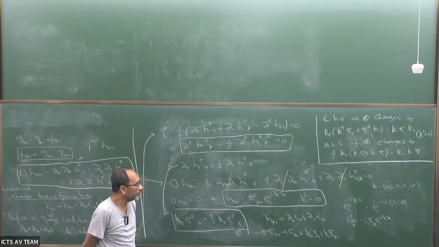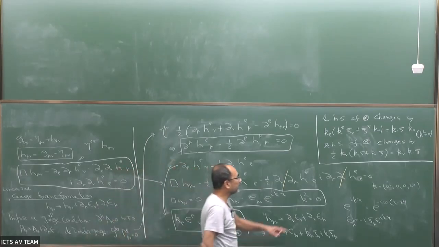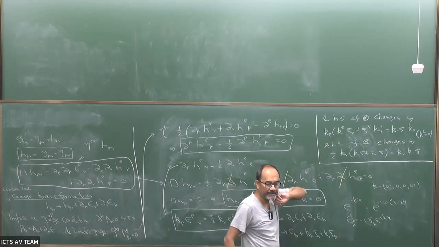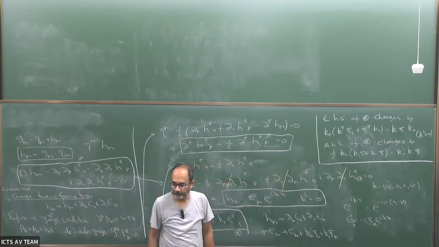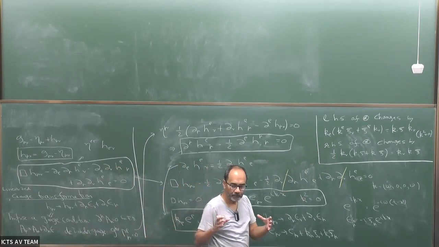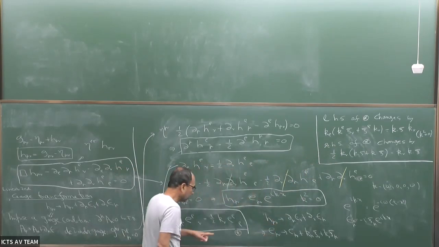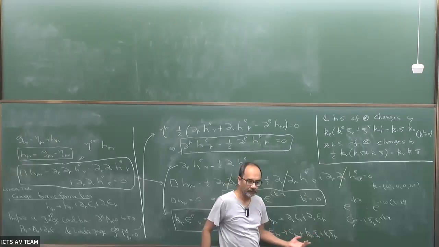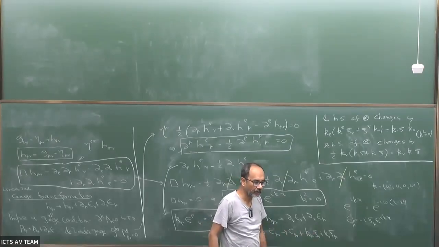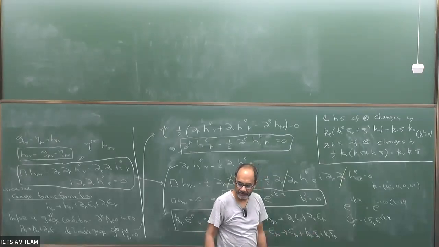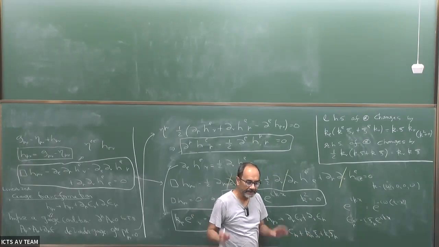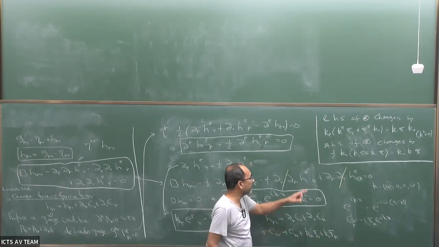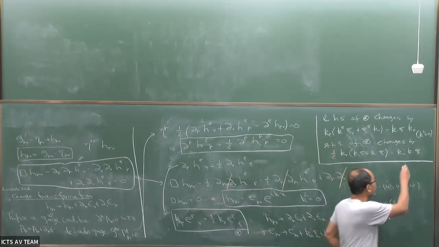So what we see from here is that the left hand side and right hand side of this equation change by exactly the same amount. So if we had found an E mu nu which satisfies this condition, then under a gauge transformation, the gauge transformed version continues to satisfy that condition. This is true only when equations of motion are satisfied. You see that we crucially use the fact that k square is 0.